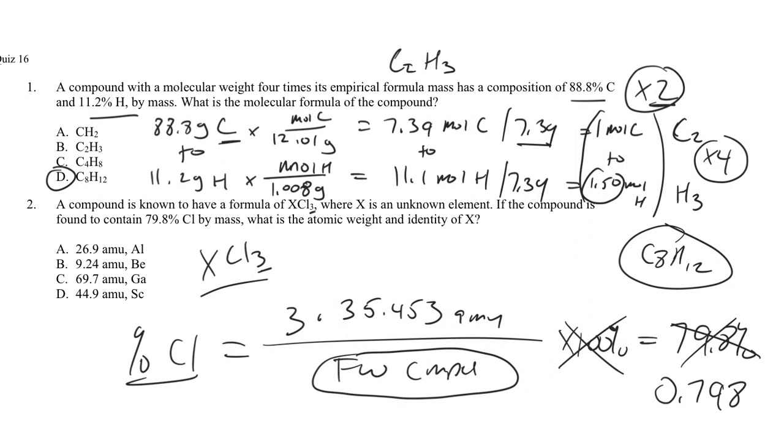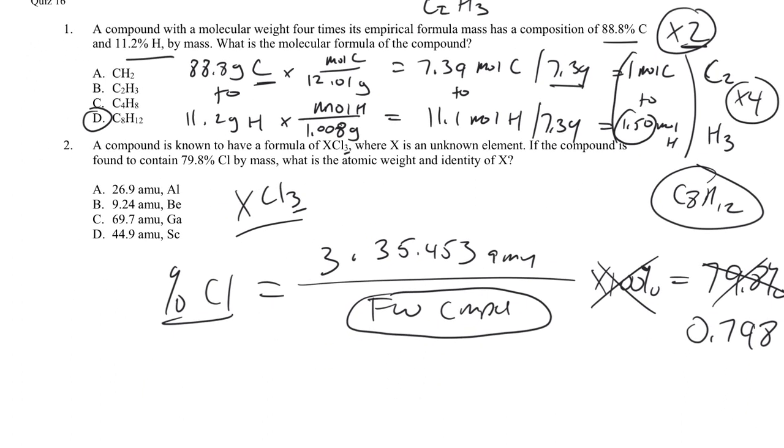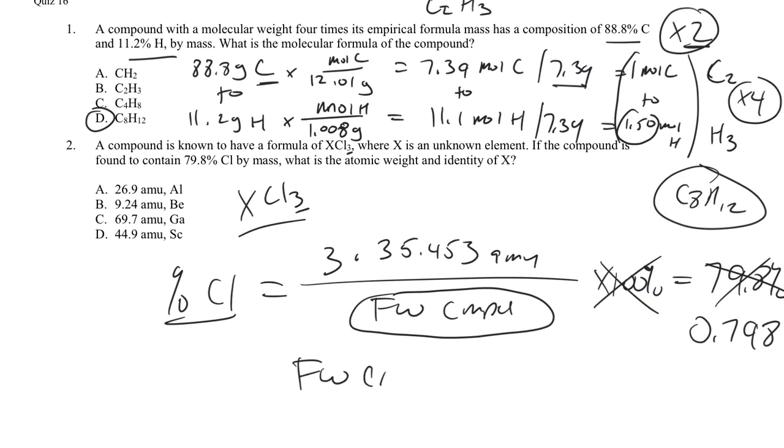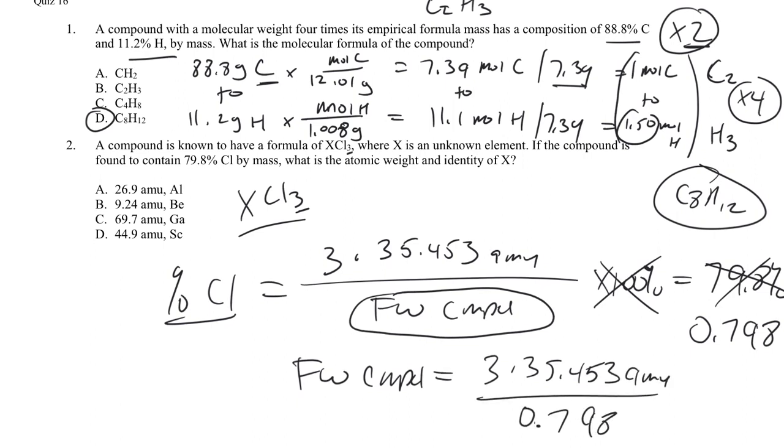And so then the formula weight of the compound is 3 times 35.453 divided by 0.798. So that tells me that the formula weight of the compound is 133.3.